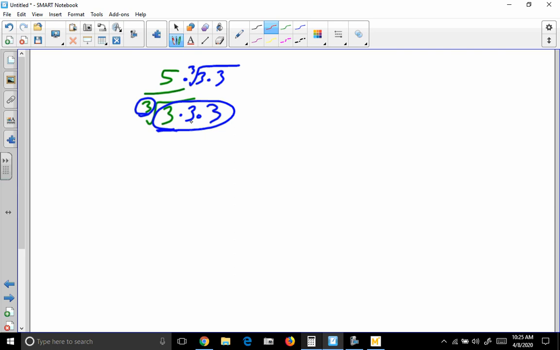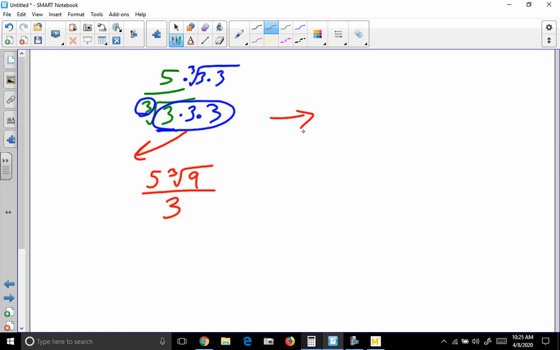Since we have a group of 3 on bottom, we pull that number out, and now we're no longer left with a radical on bottom. On top, we have a 5 on the outside, and on the inside, we have the cube root of 9. And again, remember, these don't cancel because this is under the radical, that's not.